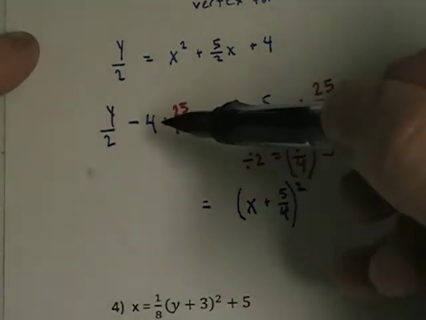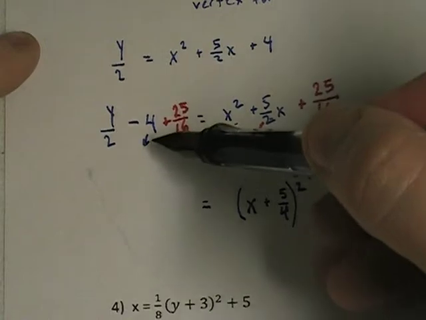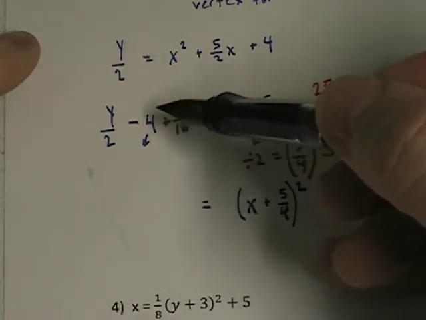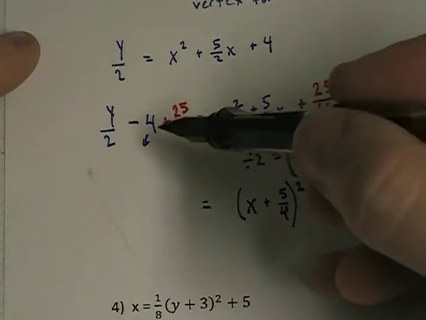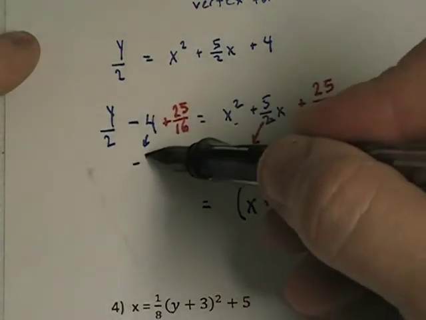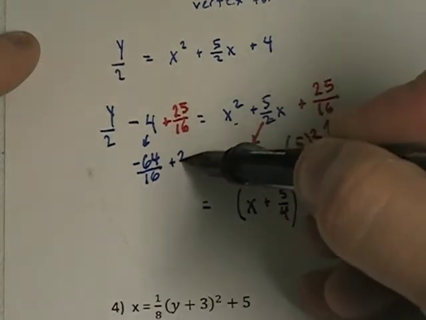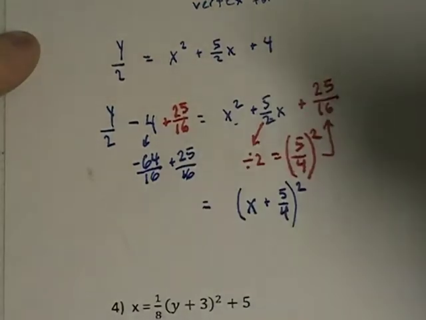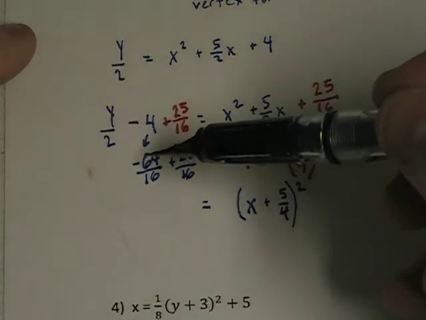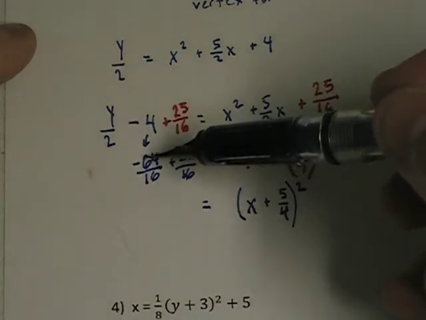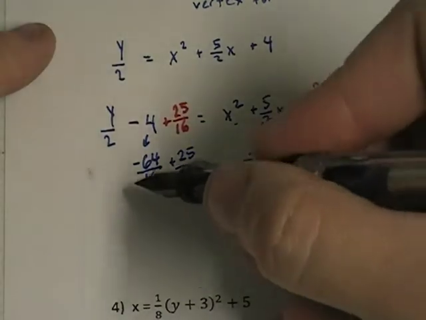Now, when I look at this number 4, my brain says the LCD is 16. That's 4 over 1, so I'm going to multiply by 16 over 16. So I get negative 64 over 16 plus 25 over 16, right? So that's going to be negative 39. That sounds right to me, I'm going to go with that.